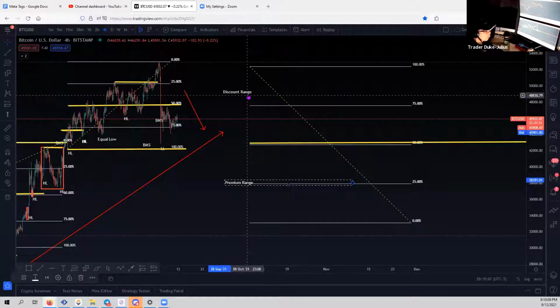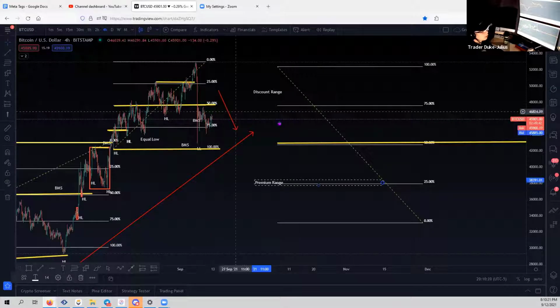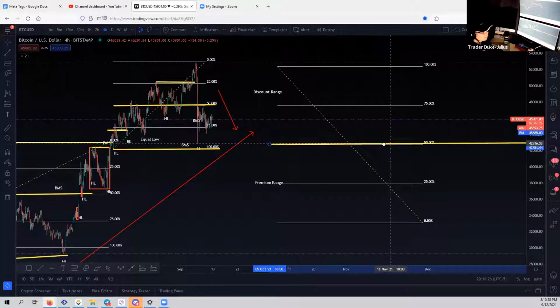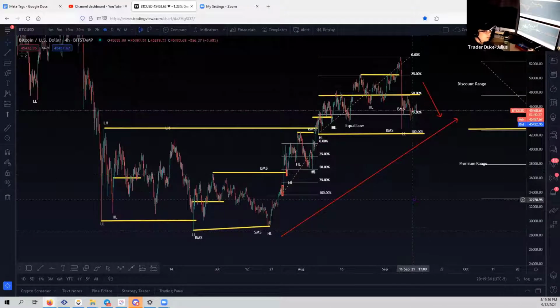But nonetheless, I'm looking for the discount range. I need price to get into the 50 range or better in order to look for entries, because this gives us the highest probability entries, because whales and institutions will look to go into their institutional discount range, which would be the 50 or better. So that's how we use the fib setting.